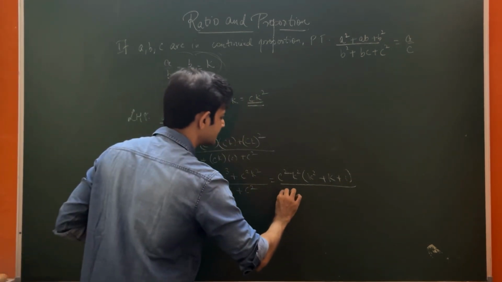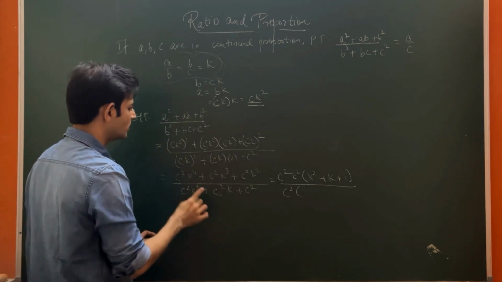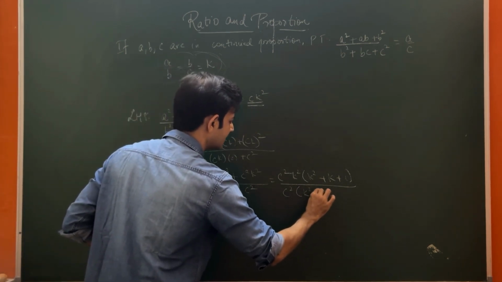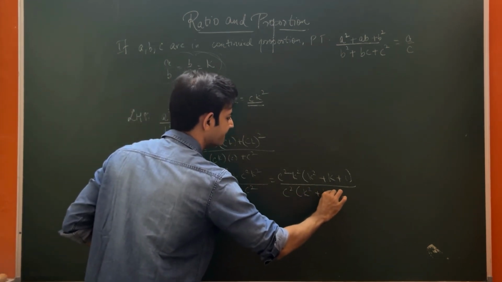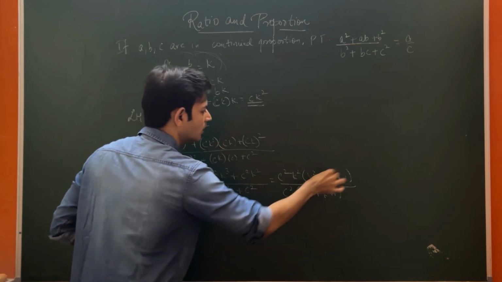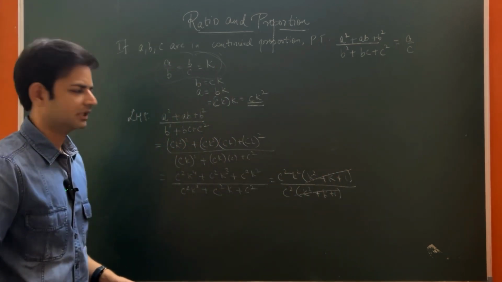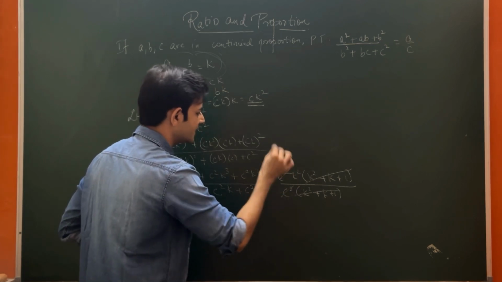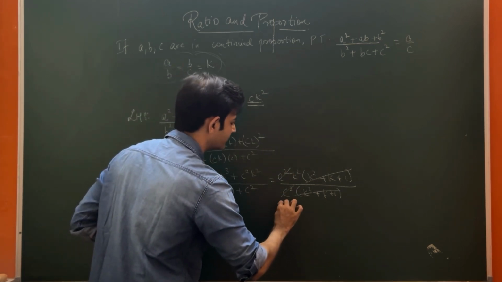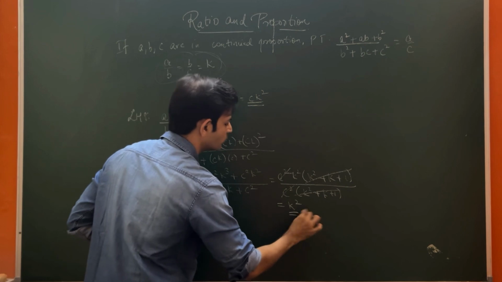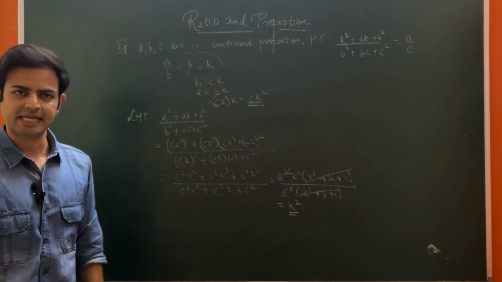From here also we can take C square common. So we get K square plus K plus 1. We can strike off this entire thing. C square gets cancelled. So we are left with K square. So my LHS is K square.